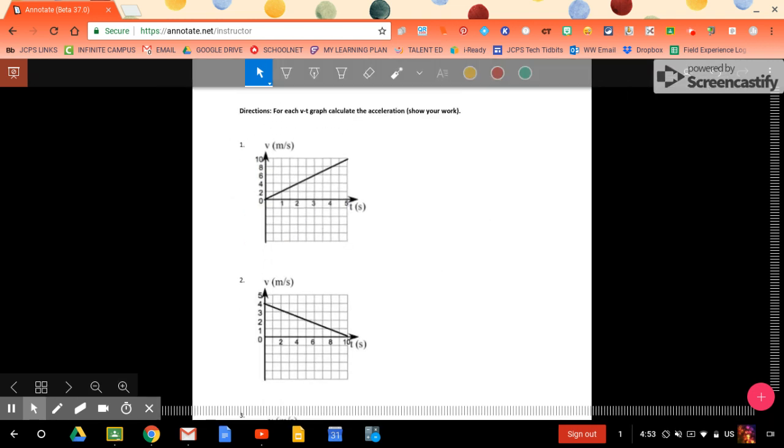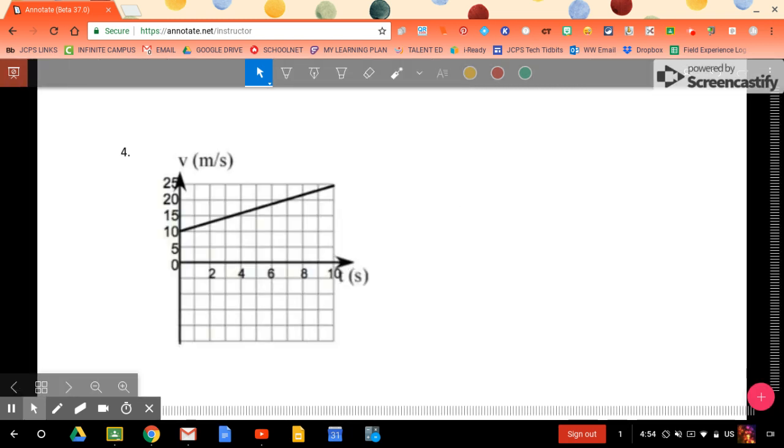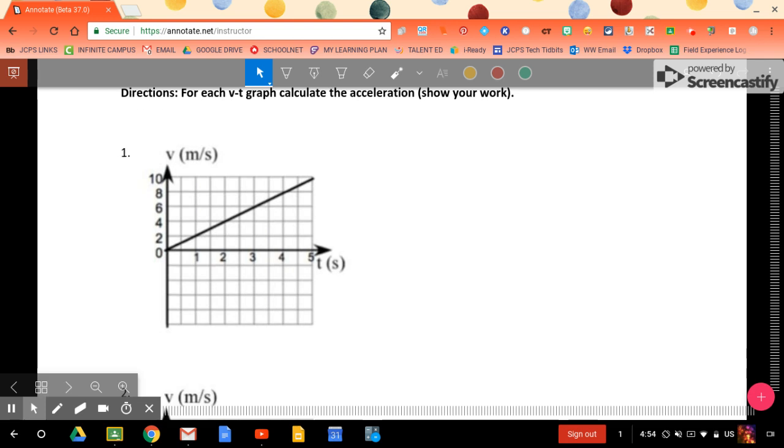We're going to continue. We are just doing acceleration problems. Sorry, I went on to the next page too quick. For the first one, I always like to write down my equation first. So you're going to do A equals your final velocity minus initial velocity divided by your time.